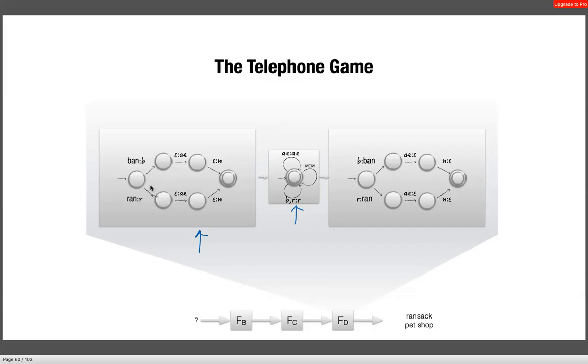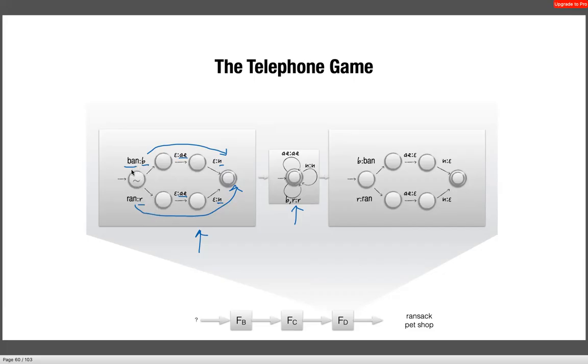Here you see that I have this machine which says that the word ban is this sequence of phones, B followed by A followed by N. And the word ran is R followed by A followed by N, and so on. So I have this machine which tells me the phone sequences corresponding to all valid words.